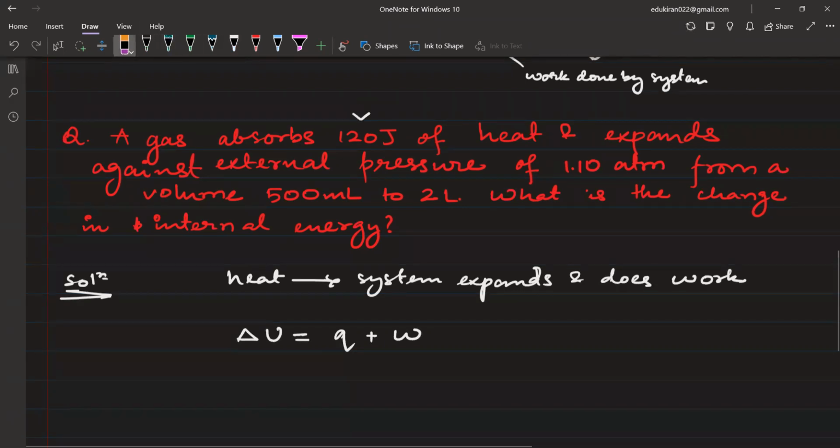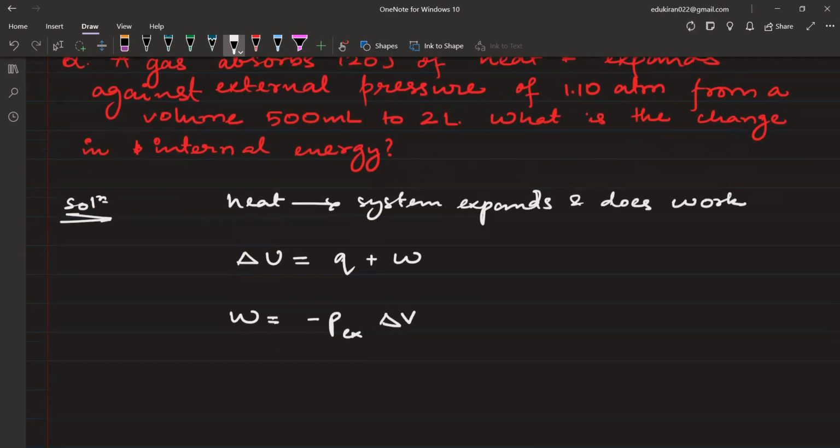We have to calculate the W here. Now, we have just seen W in this case is equal to minus P external into change in volume. Now, right here, the P external is 1.10 ATM into delta V, which will always be V final minus V initial. So V final is how much? 500 ml to 2 liters.